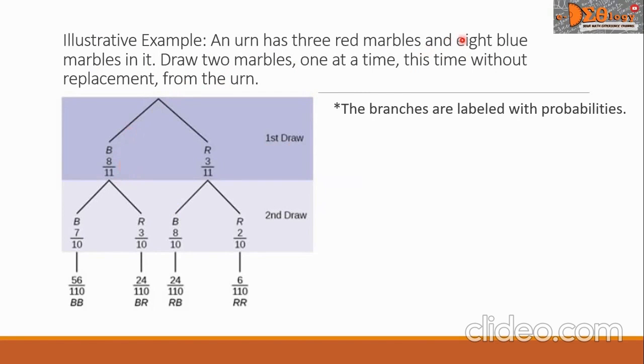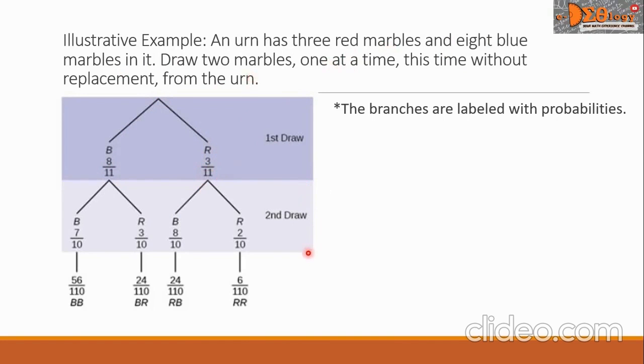There are 8 blue marbles in the urn and a total of 11 marbles in it. The second branch represents the probability of taking a red marble. There are 3 red marbles in the urn, so this is 3/11. Again, that 11 is the total marbles in the urn.